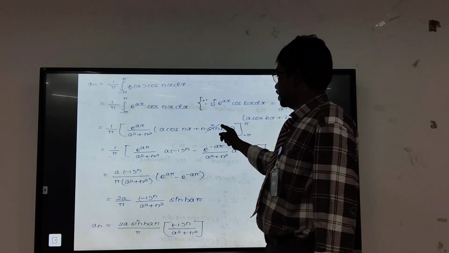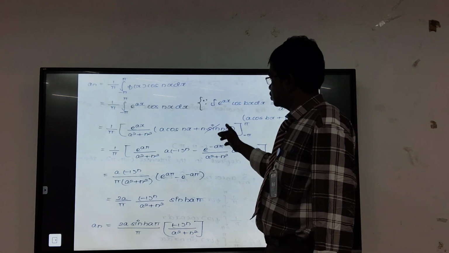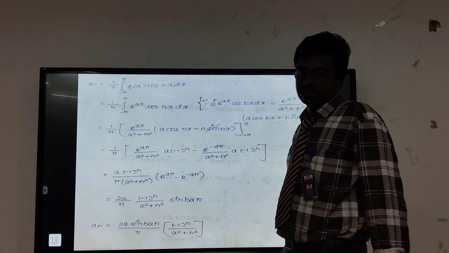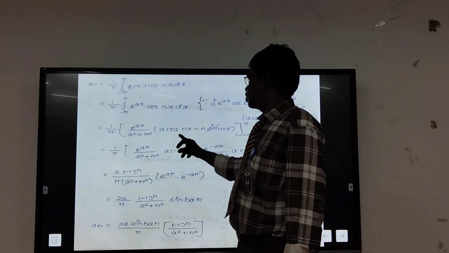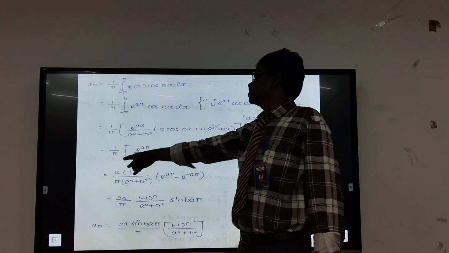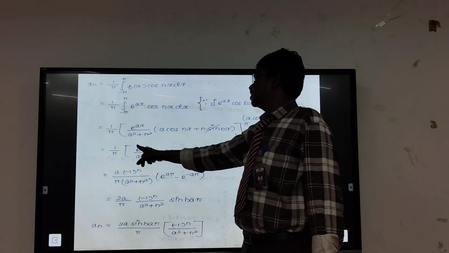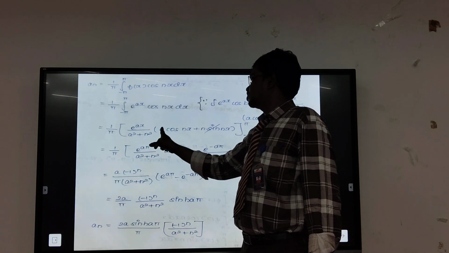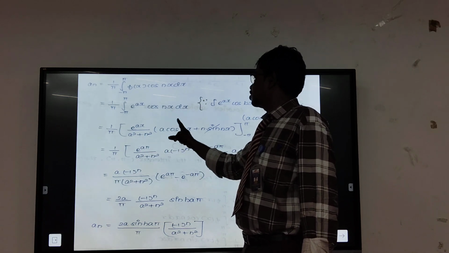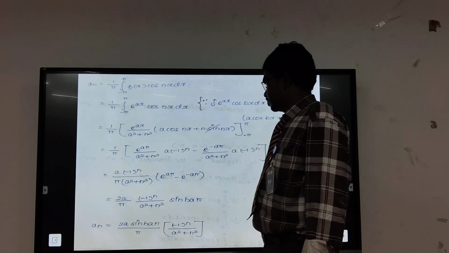So with the upper limit giving 0 and the lower limit giving 0, we can cancel this term and get only one term. 1 by pi is constant. Using the upper limit x is pi, we get e power a pi by a square plus n square, a cos n pi. Cos n pi is minus 1 power n, so we get minus 1 power n.